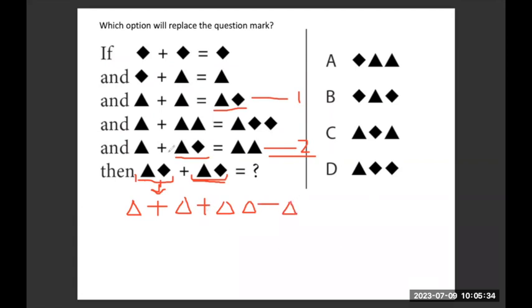Can I say this? Because this second part is on this side, I will take this triangle to this side, which means this is plus, and when it goes to this side, it becomes minus. Triangle diamond equals triangle triangle minus triangle.